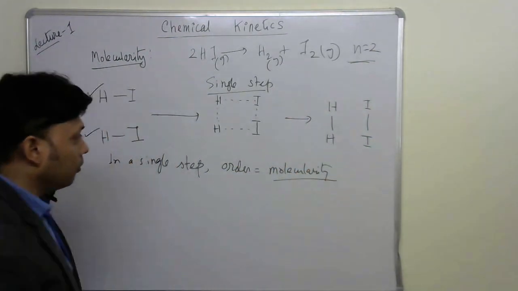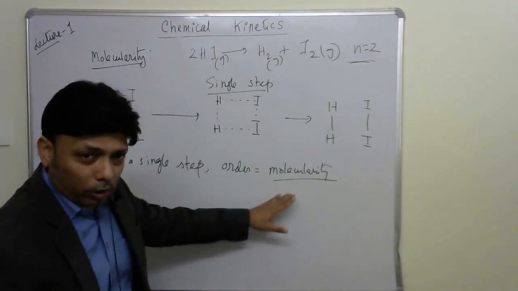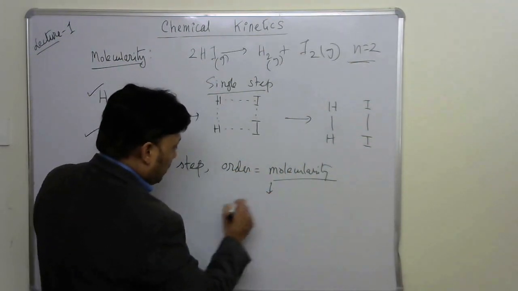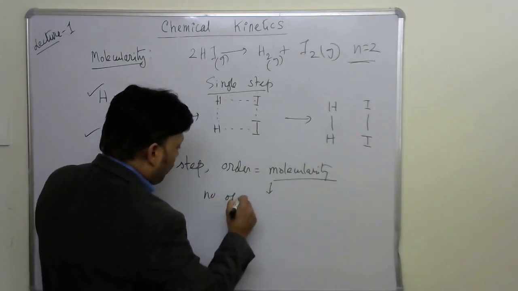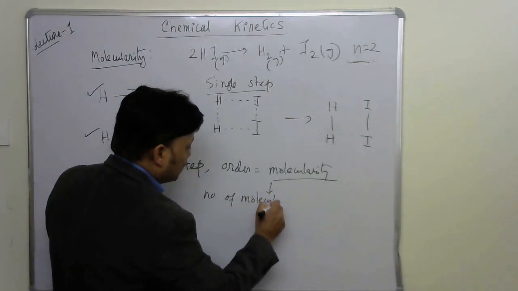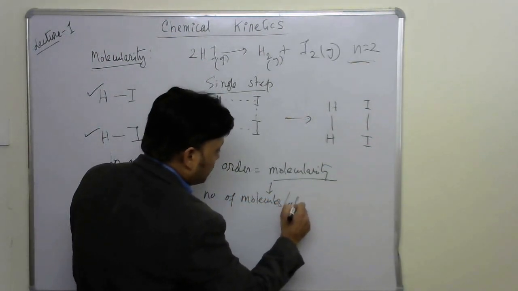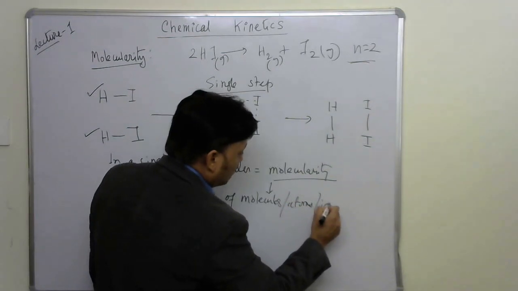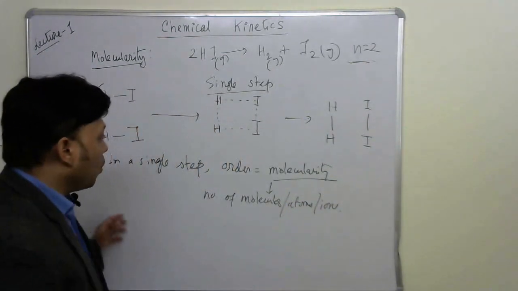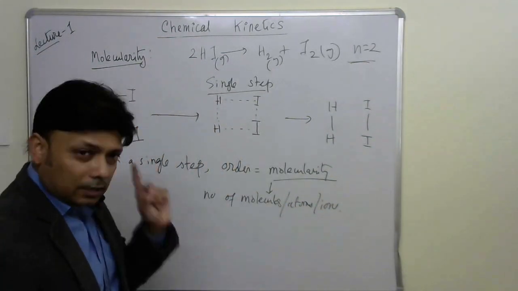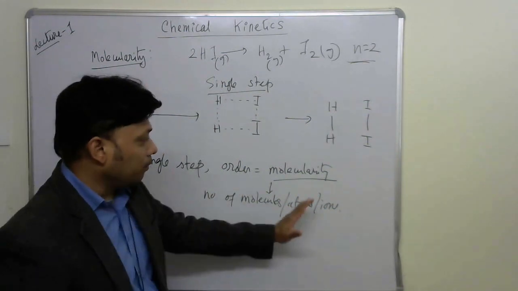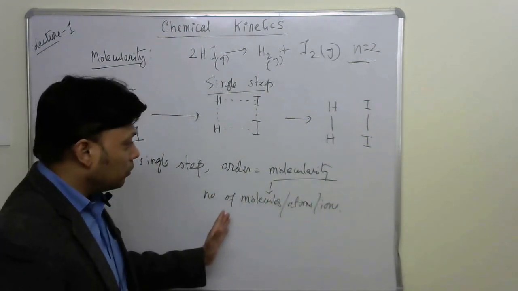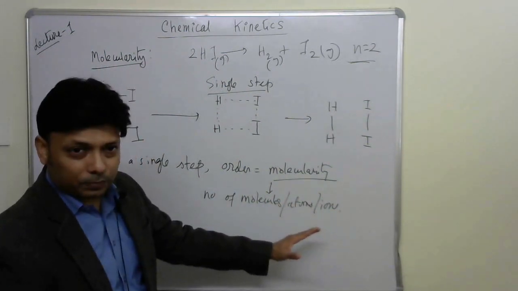So what is the definition of molecularity? Molecularity is the number of molecules or atoms or ions that collide with each other in a single step to form the product or for the reaction to proceed.